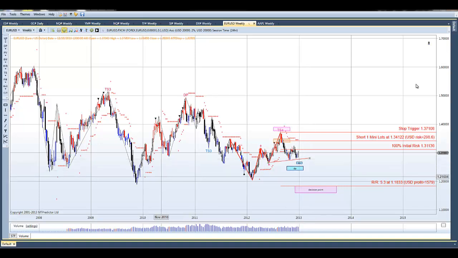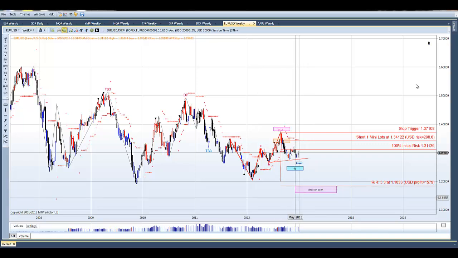A little neckline there, so if that breaks, then we may get a measured move down to probably somewhere right around this level at 20 even, just eyeballing it anyway.